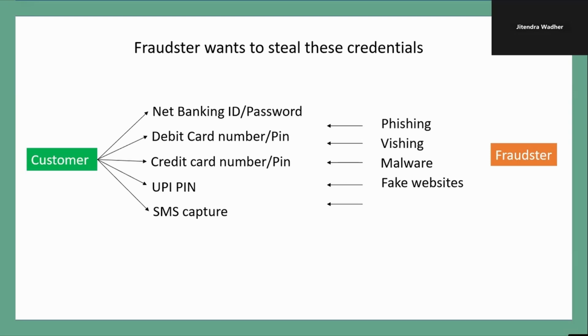Or it could be that fraudster has created a fake website which looks like a bank website, and when a customer goes and tries to log in, the ID password goes to fraudster. Or it could be a fake app which fraudster has created which looks similar to the bank app, and when you download it and try to log in, the ID password goes to fraudster.